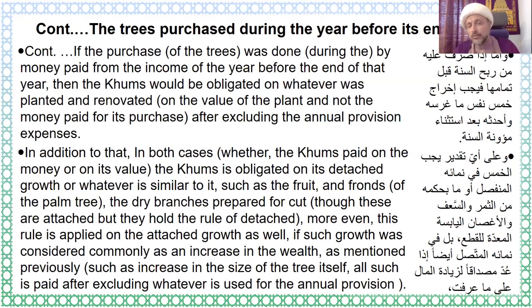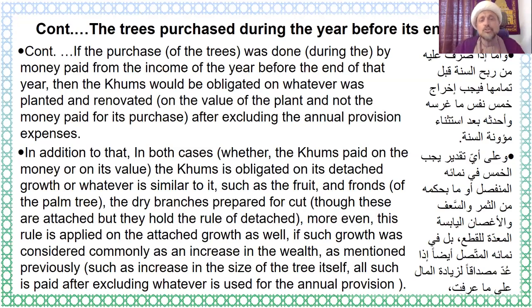If it's more than whatever you had to spend on your family members, so whatever you ate from the dates, from that spinach, from the apples, but then there was something remaining from your trees, the fruits, the attached or the detached, all that has value. That value is going to be khums, after obviously excluding the annual provision expenses.